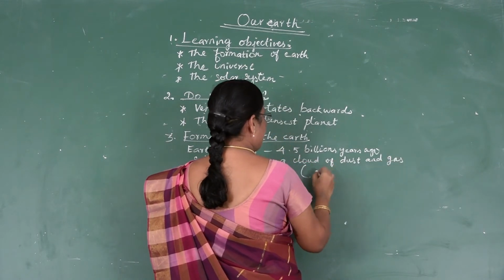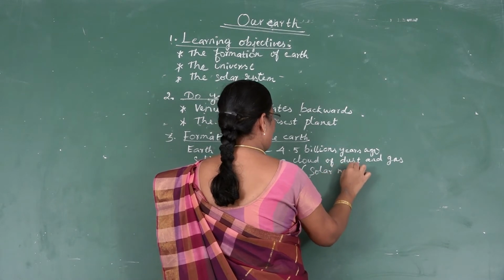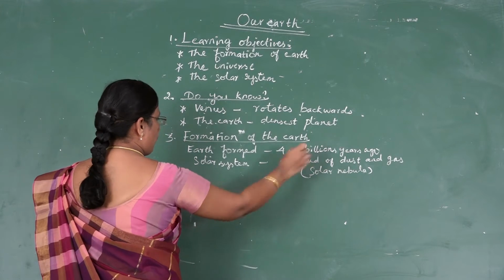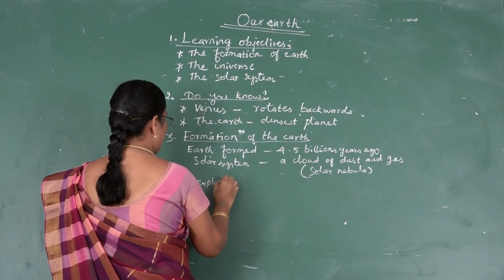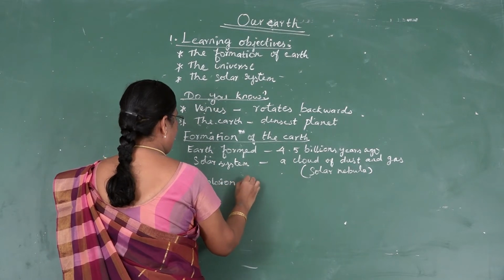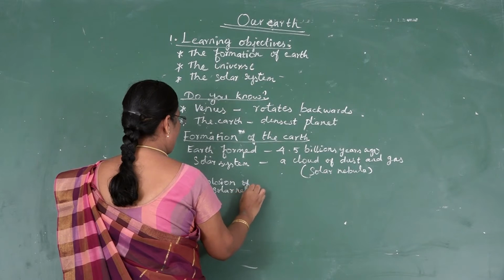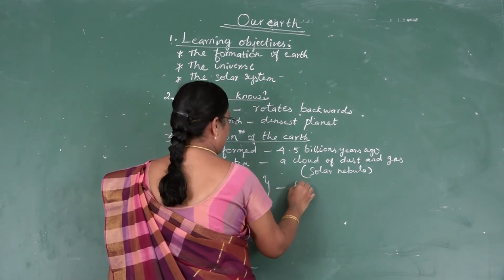The cloud of dust and gas is called solar nebula. Due to explosion of solar nebula, they break into pieces.